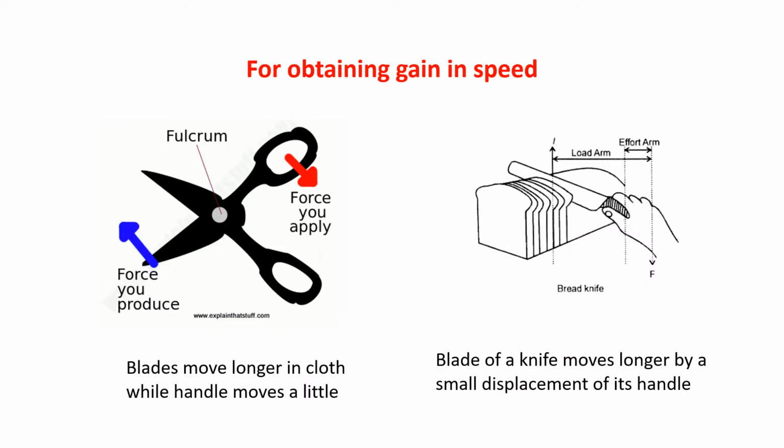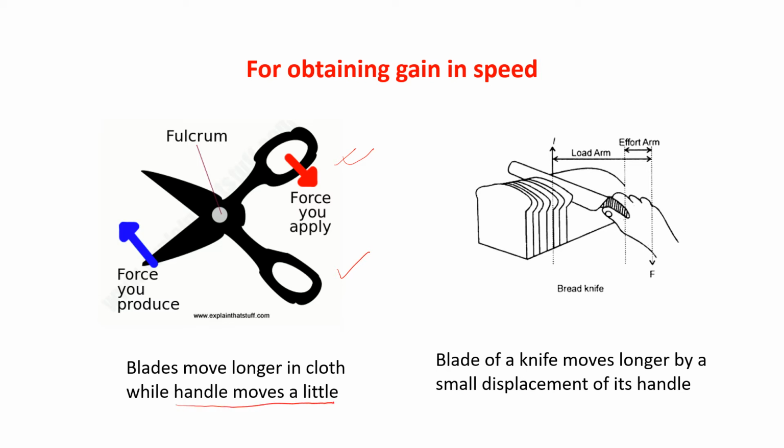And the last use is to obtain gain in speed. This is a scissor with which we are cutting cloth. This is the handle of the scissor. Here we are applying the force. The blades move longer in the cloth while the handle moves a little.